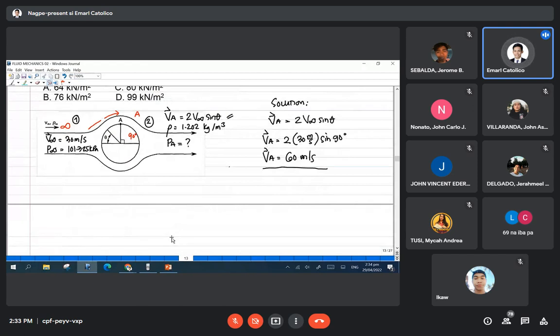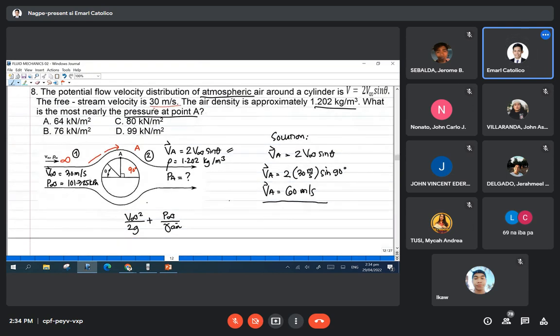Okay, so point 1 muna tayo. So V of infinity squared over 2g plus P of infinity over gamma ng air. Kasi air yung ating medium.